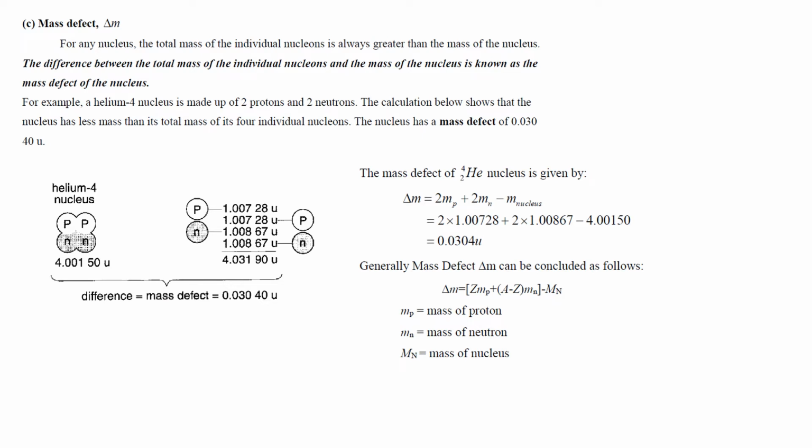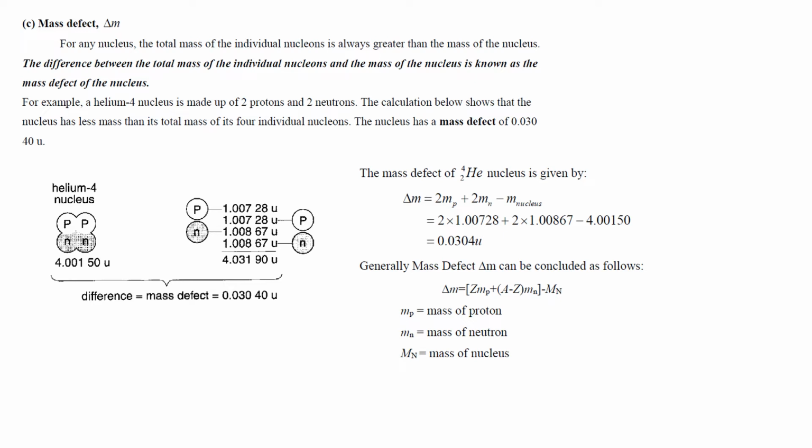Let's look at the mass defect. Mass defect is susut jisim, penyusutan jisim. Before and after the reaction, there is a difference between the total mass of the reactants before and after.